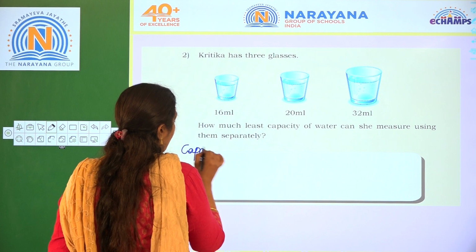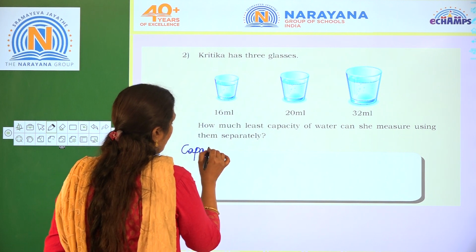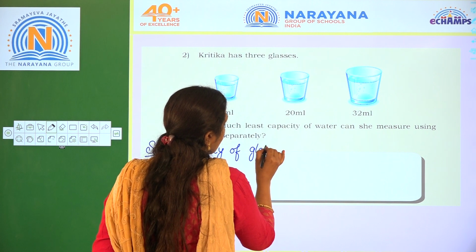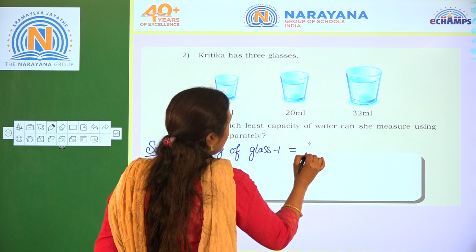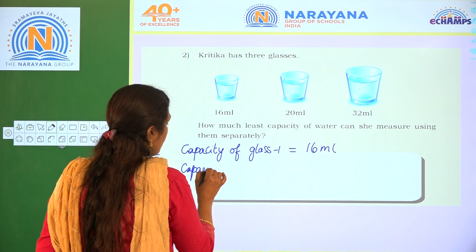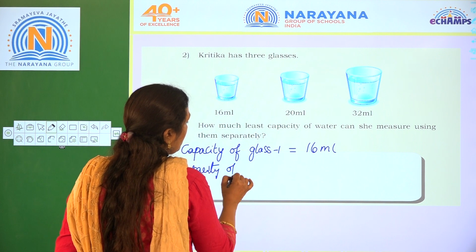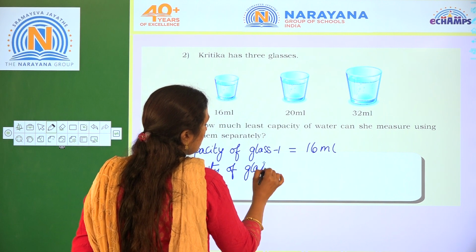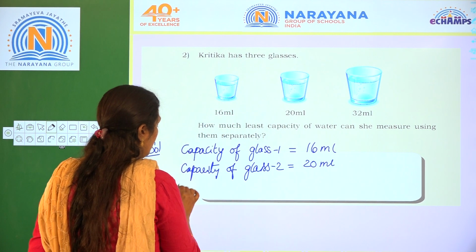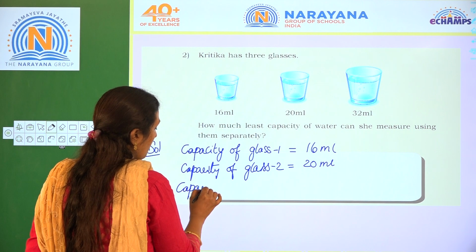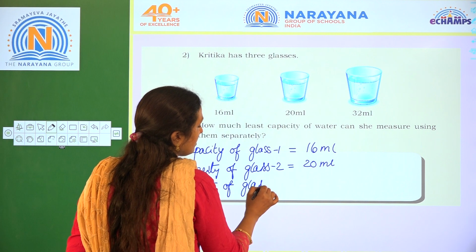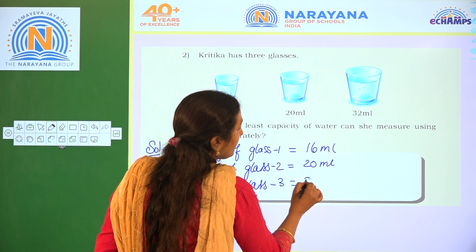Capacity of glass 1 is 16 ml. Capacity of glass 2 is 20 ml. Capacity of glass 3 is 32 ml.